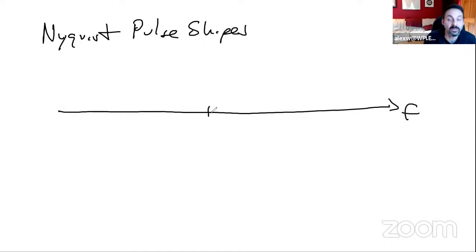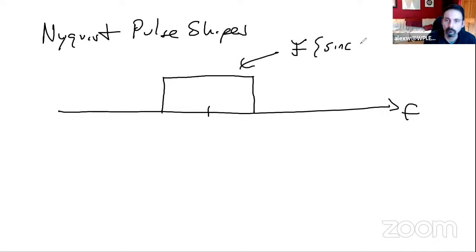So let's look at an example. Let's look at a sinc pulse. What is it in the frequency domain? It's going to look like that, right? There's a duality. So the Fourier transform of a sinc pulse, right? What is it going to be? It's going to be a rectangular frequency response, right?